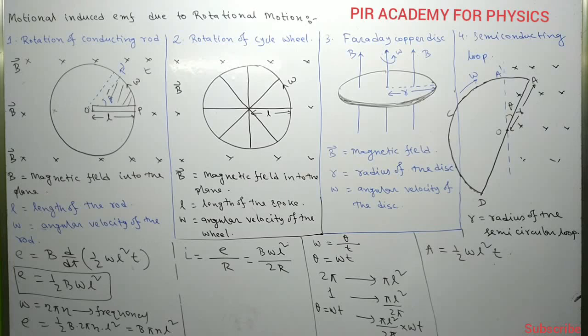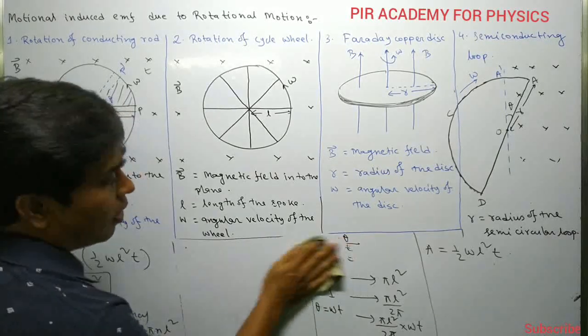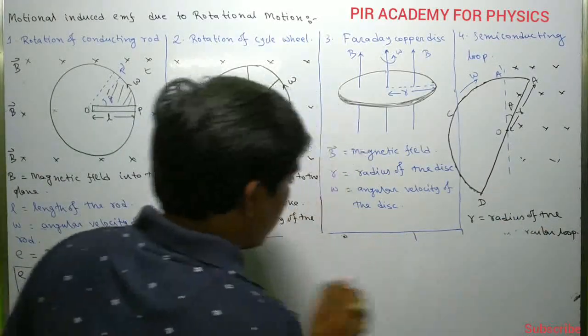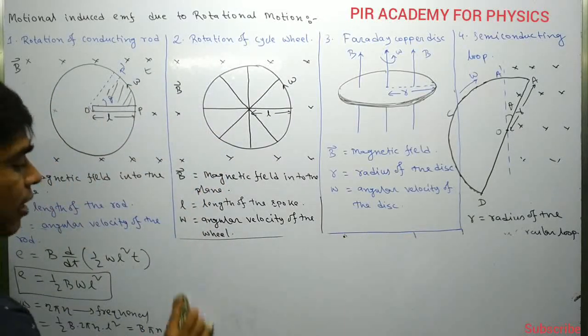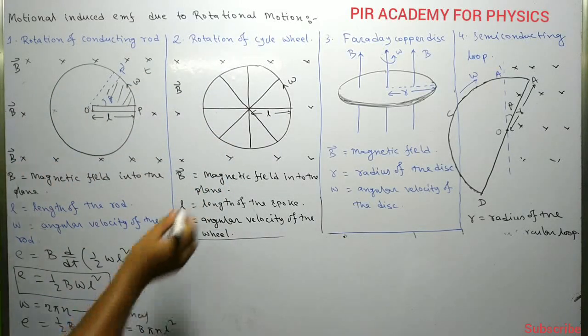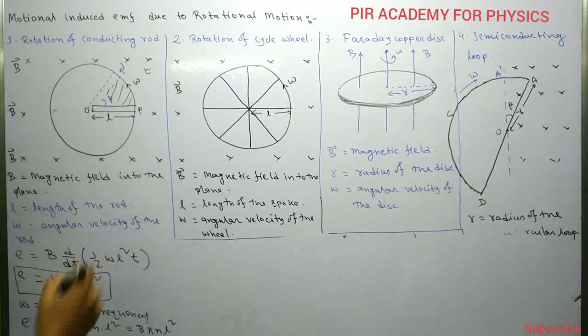Now we will discuss condition number 2. Here you see that a wheel is rotating in a magnetic field, perpendicular to the direction of the magnetic field.